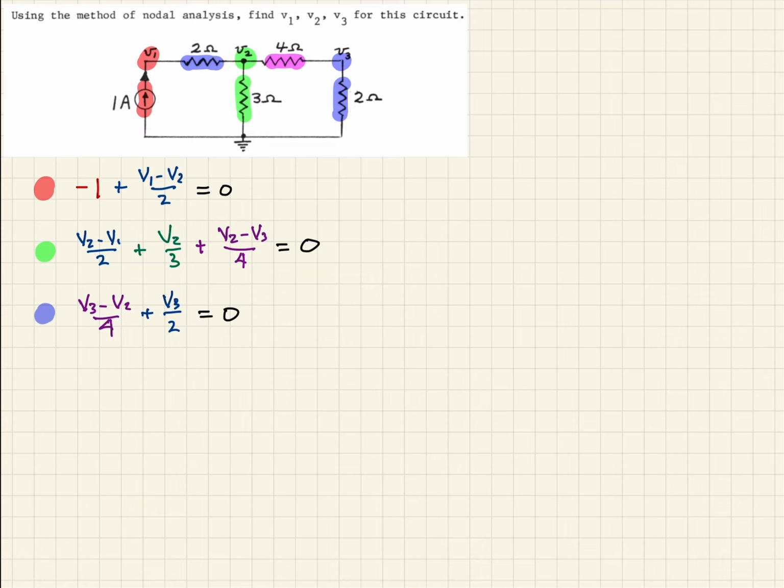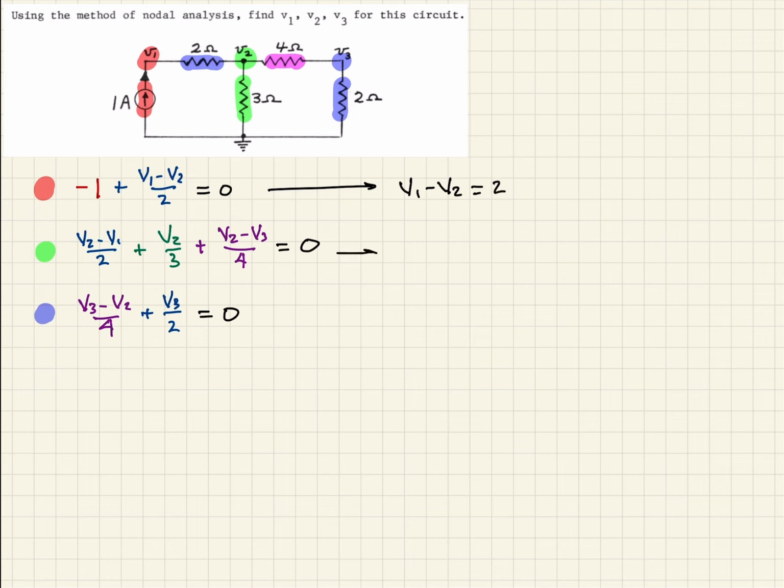Now we need to do some multiplication to get rid of all the terms in the denominator and then collect like terms. For this first one, if we multiply through by 2, we should get V1 minus V2, and then move the whole number over, is equal to 2.